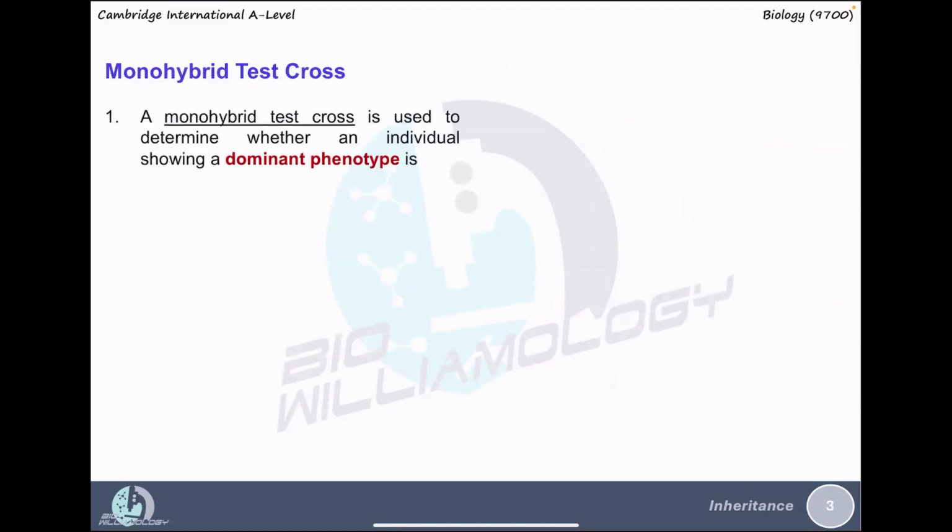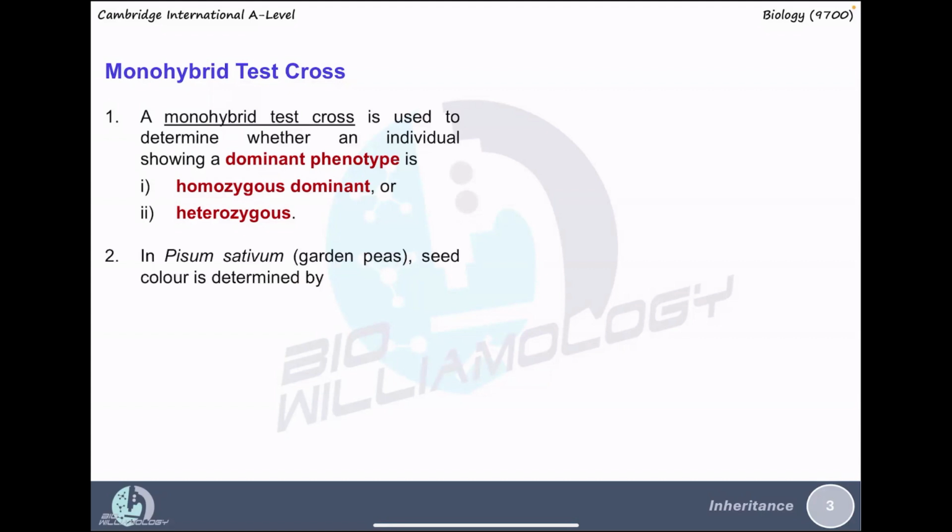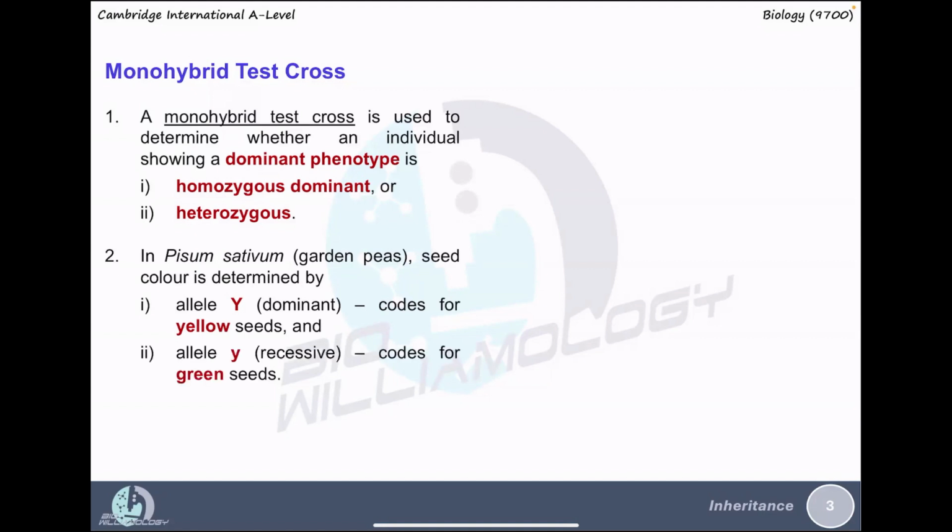Let us start with the monohybrid test cross. A monohybrid test cross is used to determine whether an individual showing a dominant phenotype is homozygous dominant or heterozygous when we look at one particular characteristic. For example, in garden pea plants, seed color is determined by dominant allele Y, which codes for yellow seed, and recessive allele y, which codes for green seed.